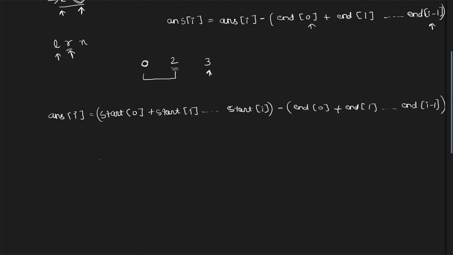Now if we try to traverse through all the elements from 0 to i, 0 to i minus 1 each time, this will take a lot of time, right? Obviously. So we will try to generalize this formula even more.